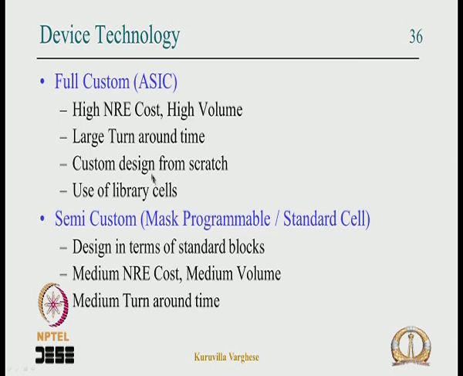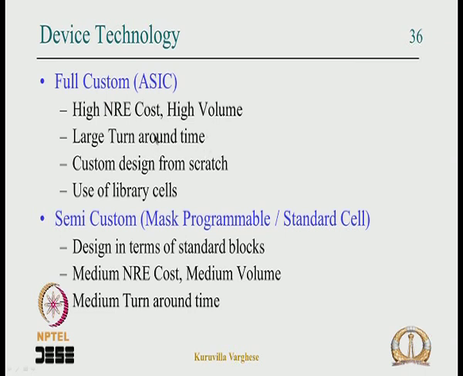The problem is that it has a huge cost, because one has to set up the EDA design tools for it, people have to work on it, the foundry has to set up, and the chip has to be fabricated. So it has a huge non-recurring engineering cost. That means the one-time cost is huge, and that has to be amortized over the number of chips produced.